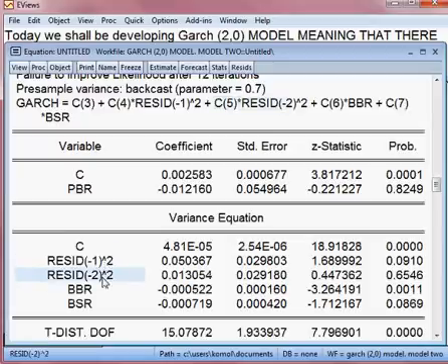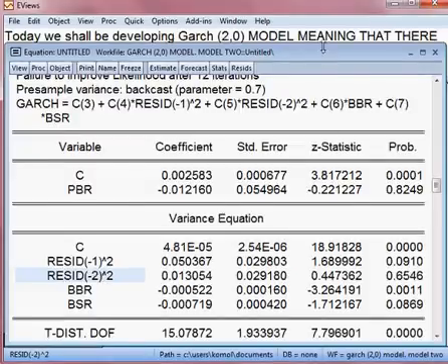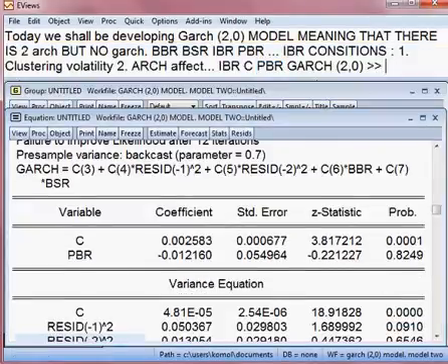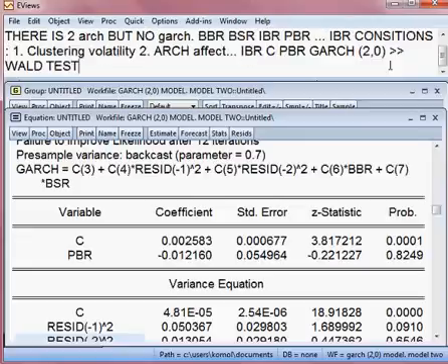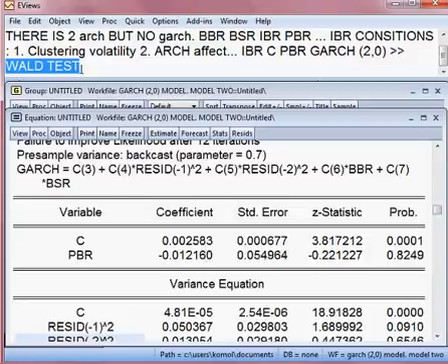To check it, we have to do Wald statistics. W-A-L-D, Wald test.